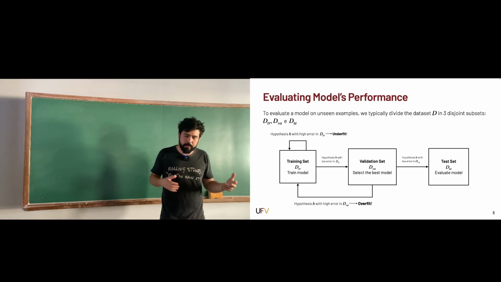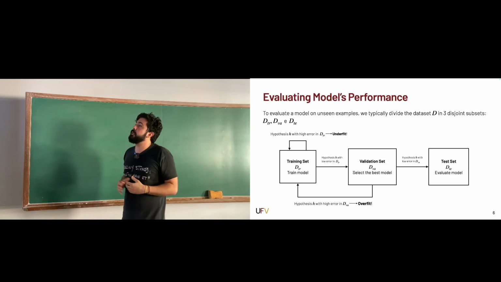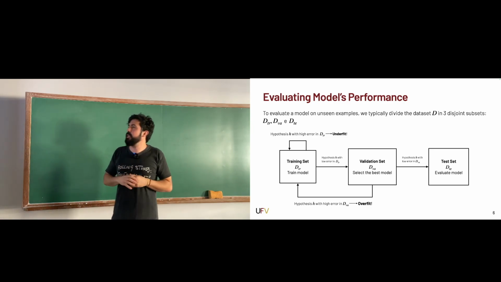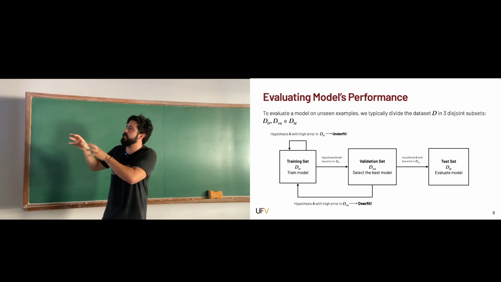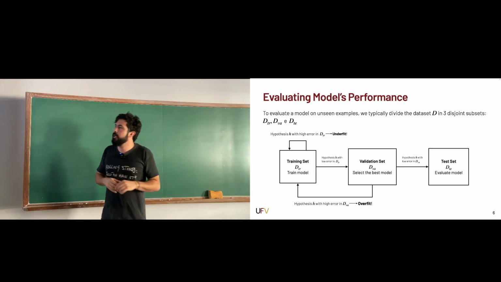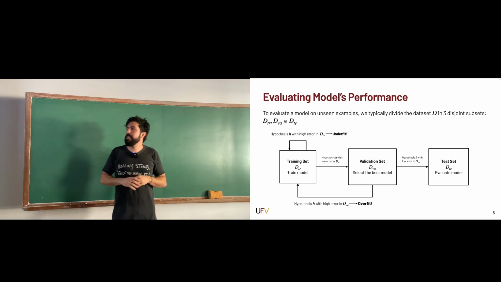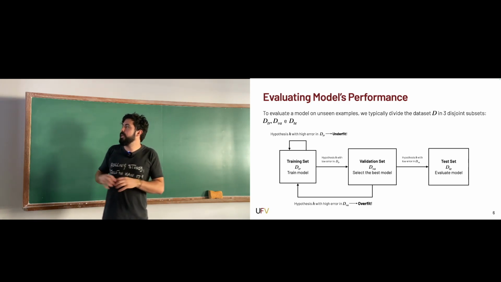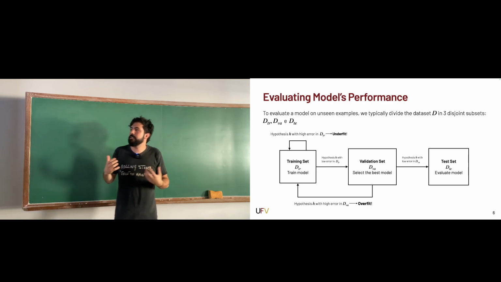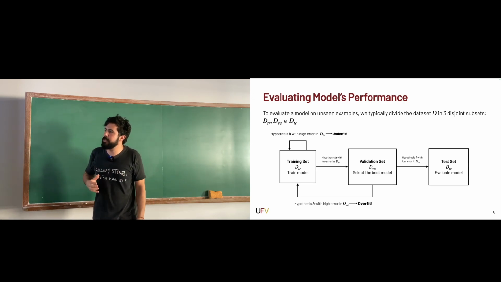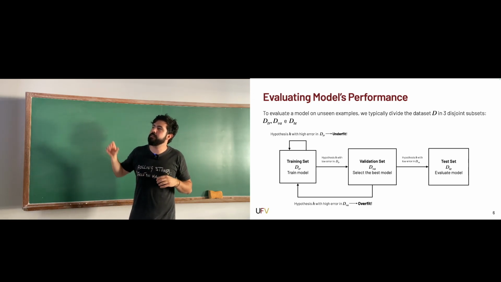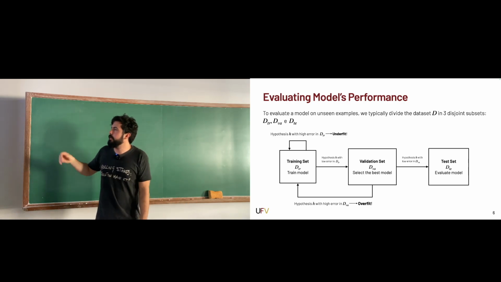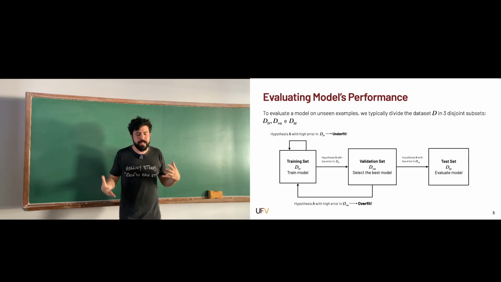And to do that, we normally split our data set into three disjoint subsets that we call training set, validation set, and test set. And we use these three splits to evaluate our model. And these sets, or splits, have different purposes. Right? The training set we use to actually train the model. And then the validation set we use to select the best model.